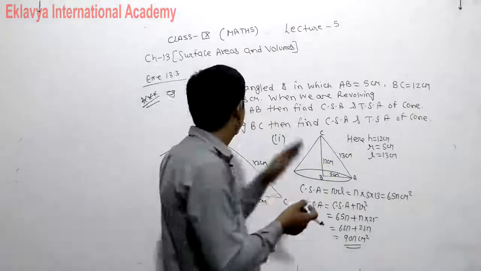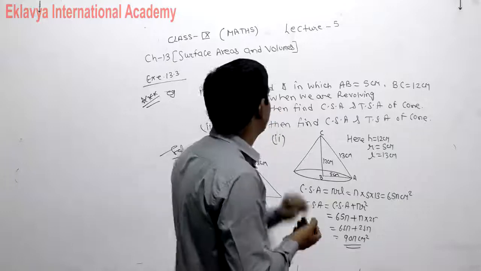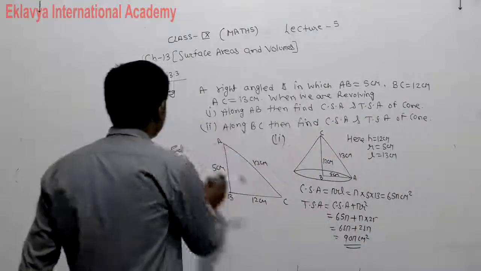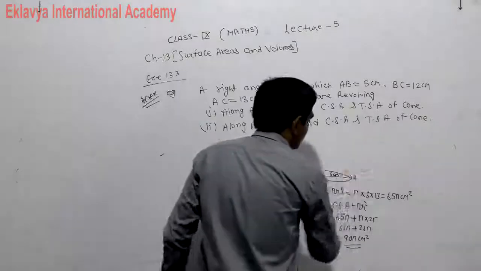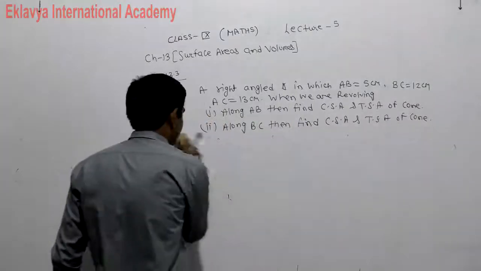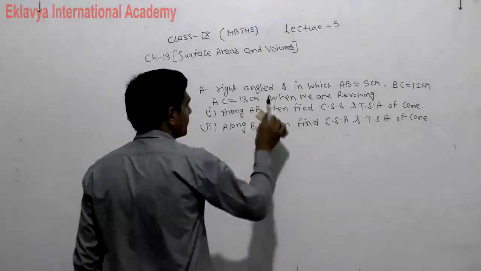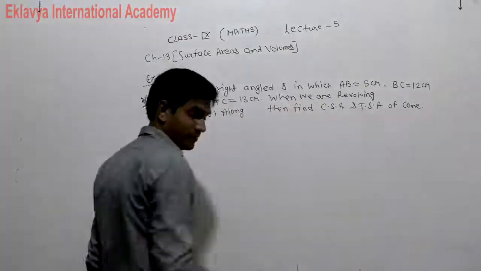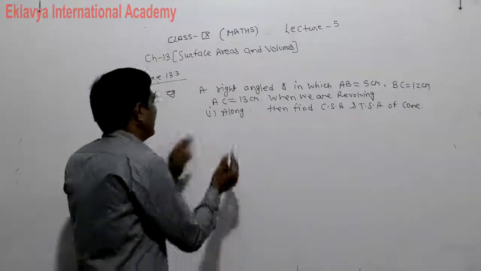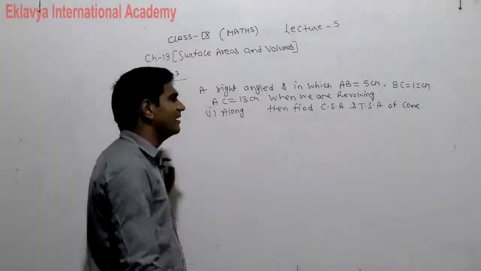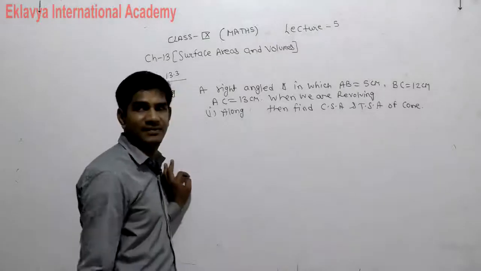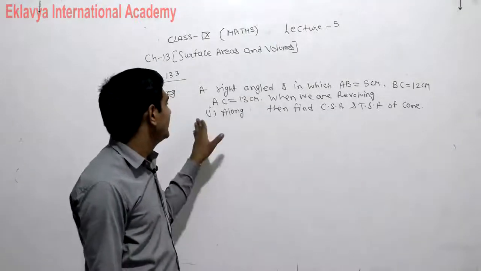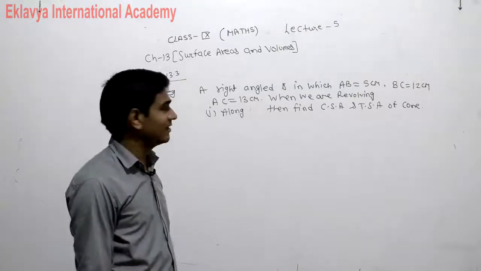The question is: a right angle triangle in which AB equals 5 centimeter, BC equals 12 centimeter, AC equals 13 centimeter.